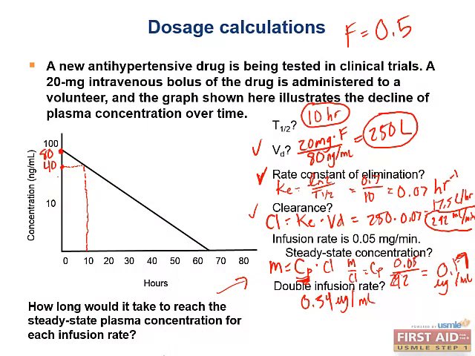With what we've covered earlier, a drug infused at a constant rate takes 4 to 5 half-lives to reach steady state. It really doesn't matter how fast we're actually infusing it. It's going to take 4 to 5 half-lives to reach steady state. So this is going to be an important thing to remember.